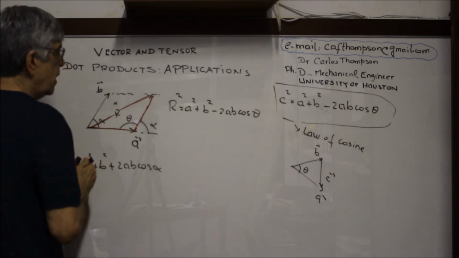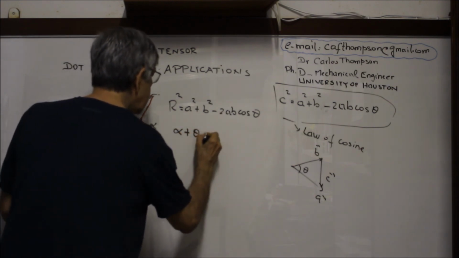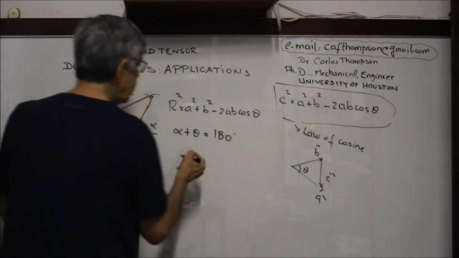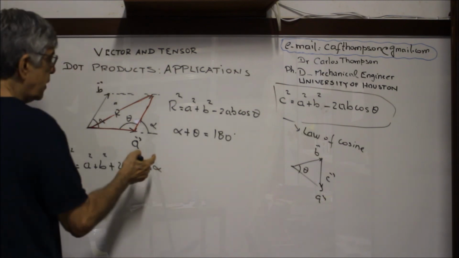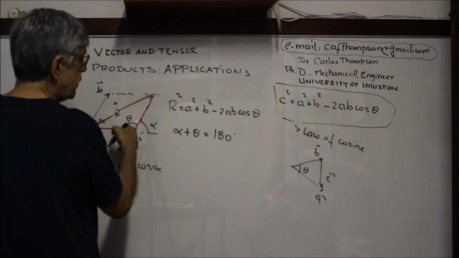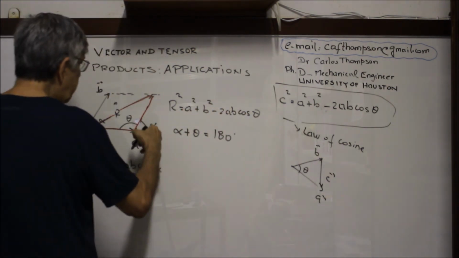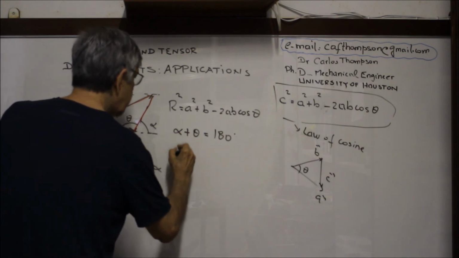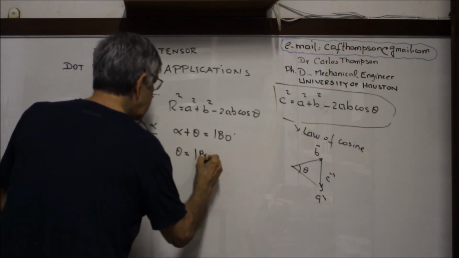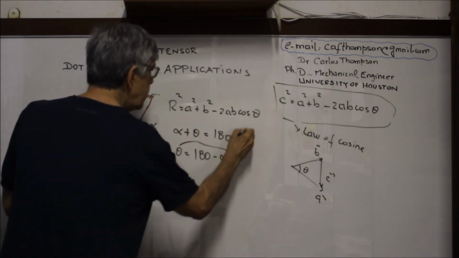Now, you see alpha plus theta is equal to 180 degrees. Theta here is greater than 90 degrees. So if I use alpha, theta is equal to 180 minus alpha. I'll plug this over here.